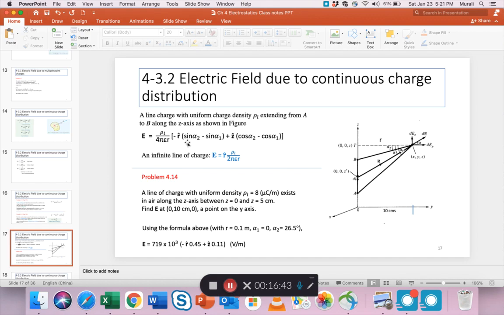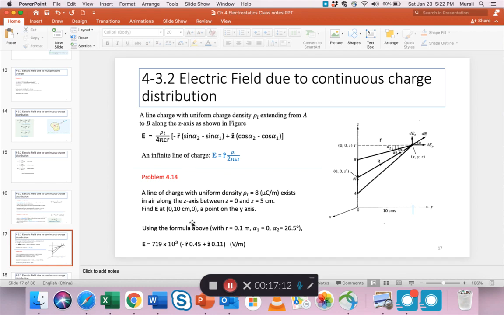And the vector part has unit vectors along the r-axis and the z-axis, because most of what we are doing here looks like a cylinder or a sphere. If the line was infinite, then this is the formula, but this is finite.